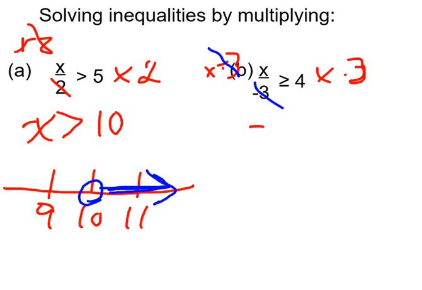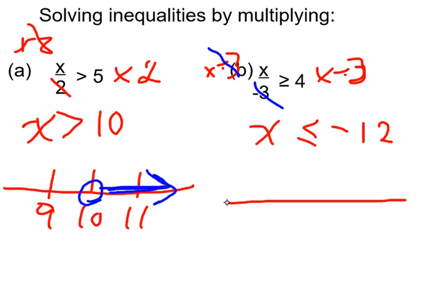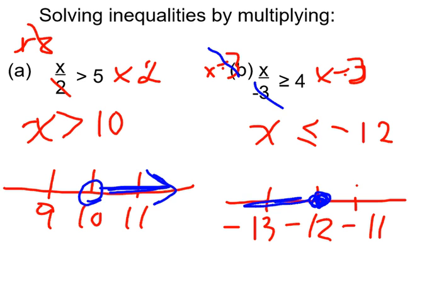I'll be left with x on the left, and what's going to happen now is greater than is going to become less than or equal to, and I will end up with -12 because that was a -3. Then I'm going to graph that. Now, because it was less than or equal to, I'm going to have a closed circle, and anything less than means I'm going to the left.